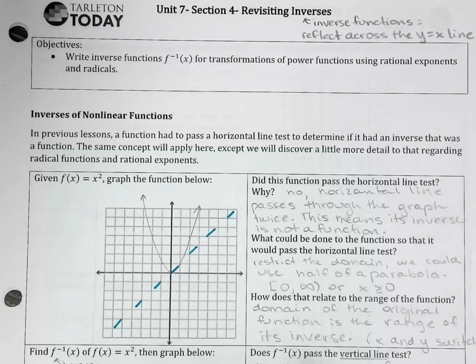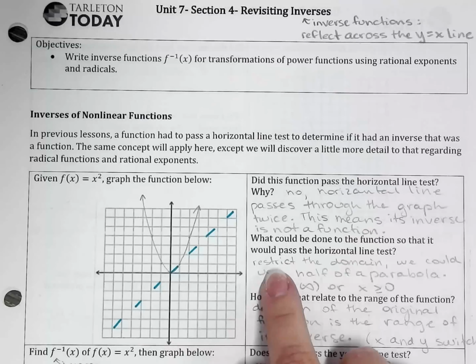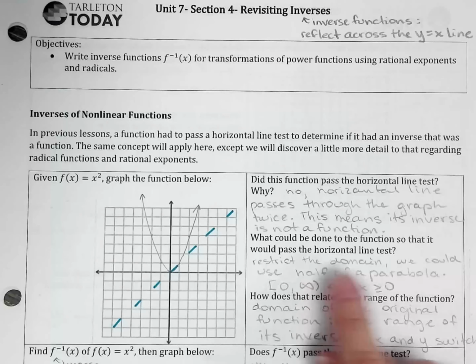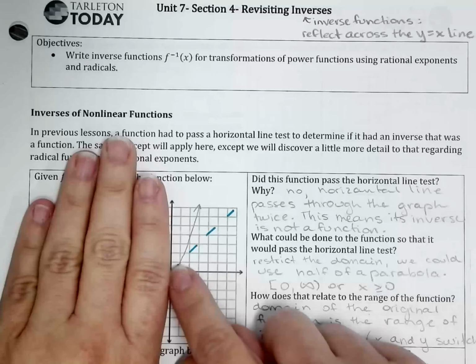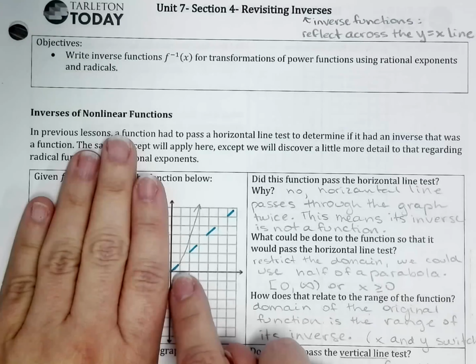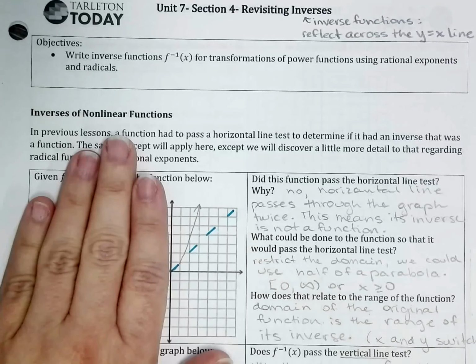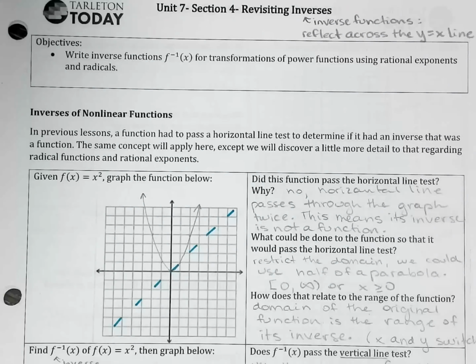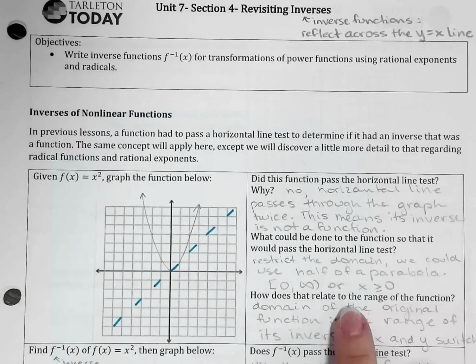So what could be done to the function so that it would pass the horizontal line test? Well, restrict the domain. We could use only half of the parabola, the part from 0 toward positive infinity, or when x is greater than or equal to 0. Then it would pass the horizontal line test.